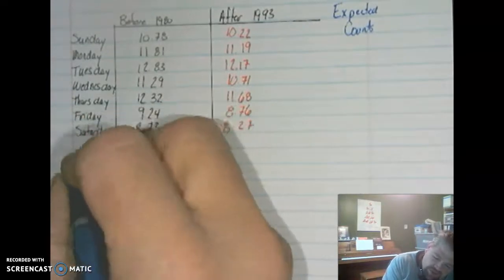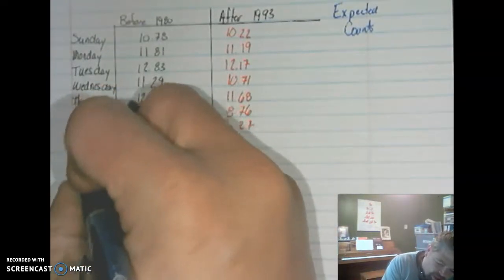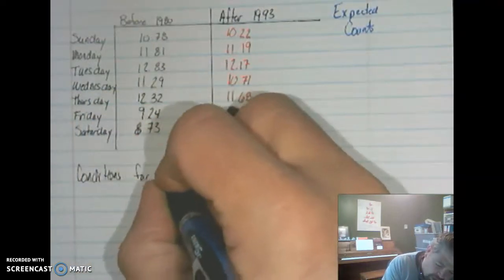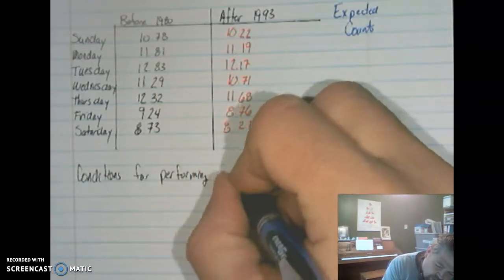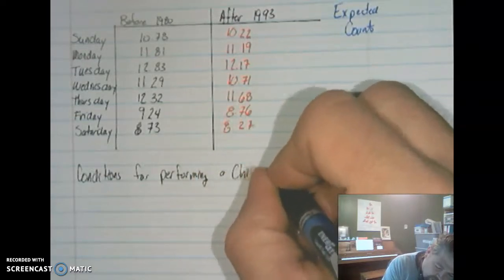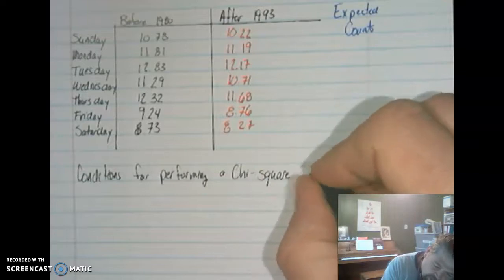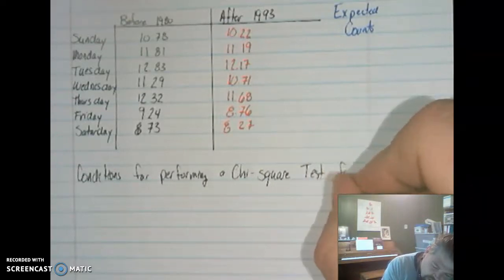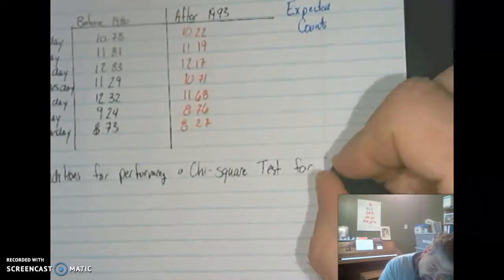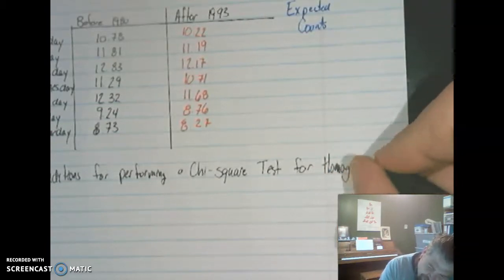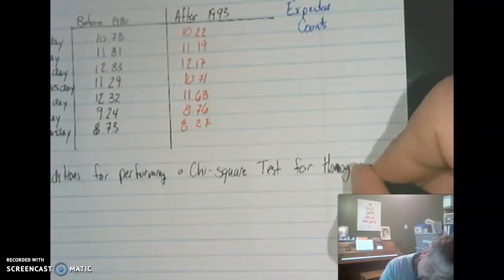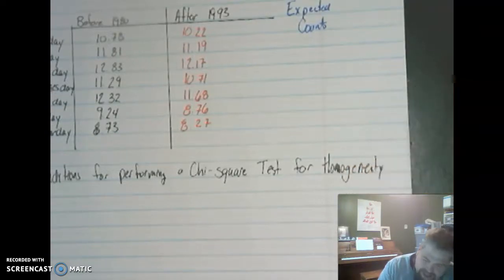All right, so we're going to talk about conditions for performing a chi-square test for the word I really hate saying. Homogeneity. There you go. That's why I hate it.